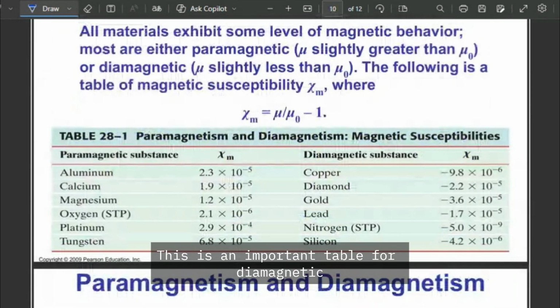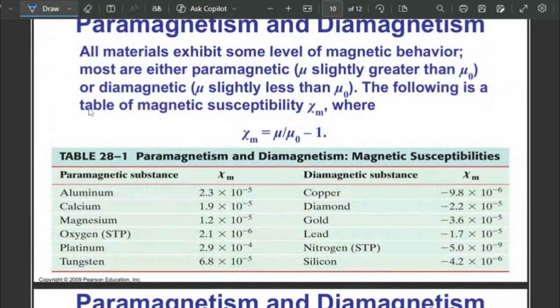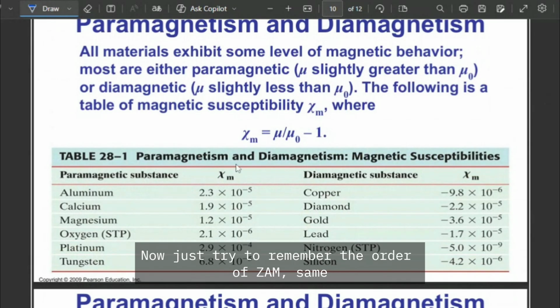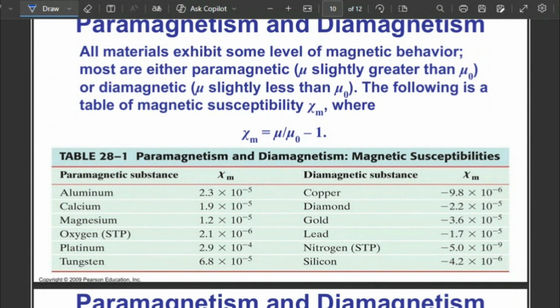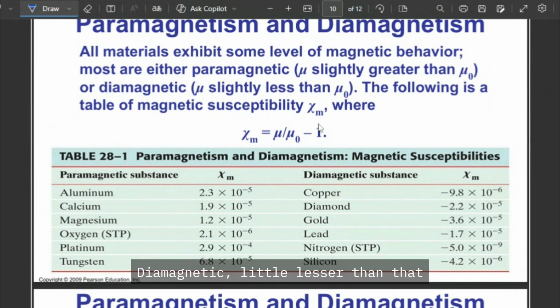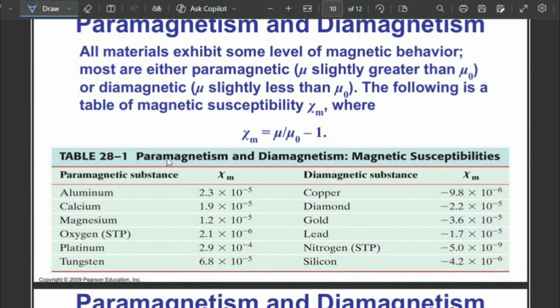This is an important table for diamagnetic and paramagnetic materials. Now just try to remember the order which I am saying. Ferromagnetic materials are those which are strongly magnetized. Paramagnetic, a little lesser than that, and diamagnetic, almost nothing. Hard to magnetize them.